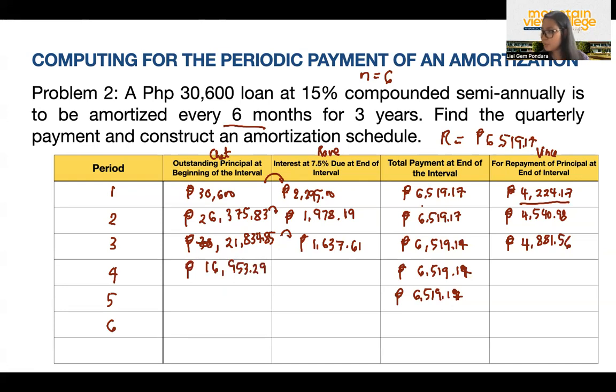16,953.29. Rovi, 1,271.50. Then Vince, repayment. 5,247.67. We'll subtract that.